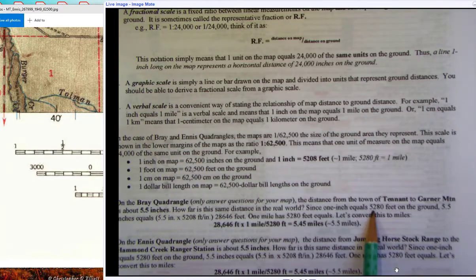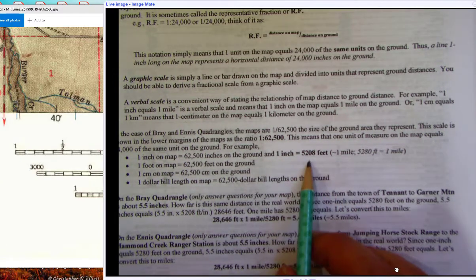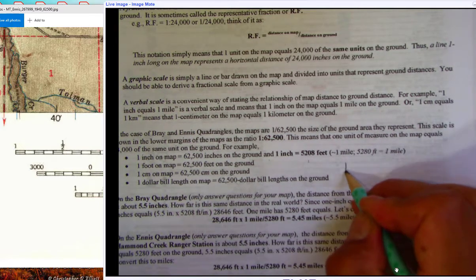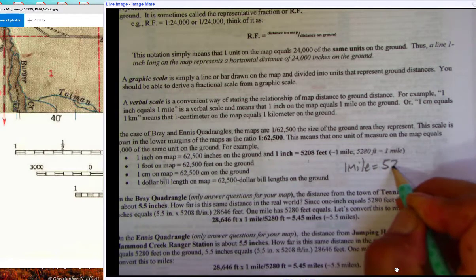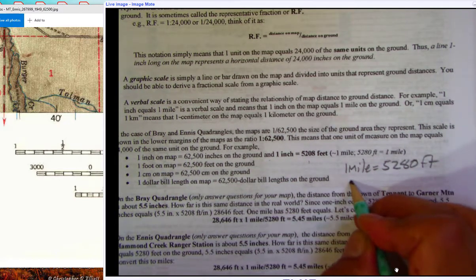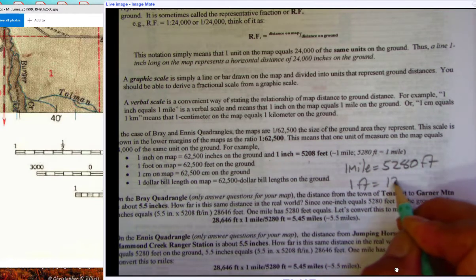So basically that's a Bray quadrangle. But let me give you the rule, this is what I want you to know, is that 1 mile is 5,280 feet. And obviously 1 foot is 12 inches, right? We all know that, right?